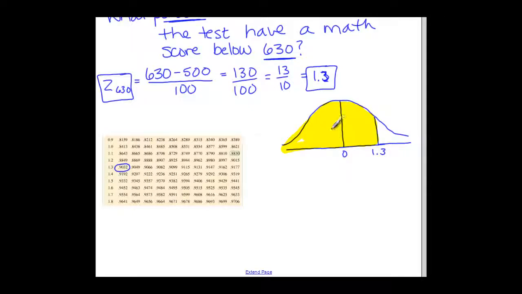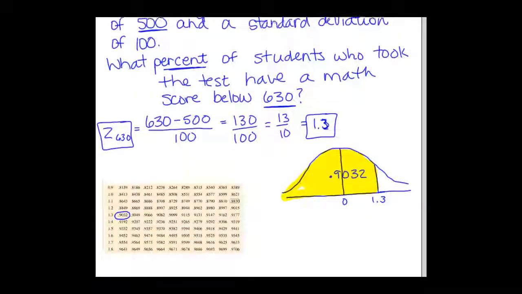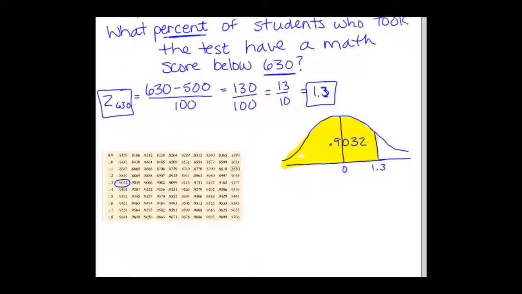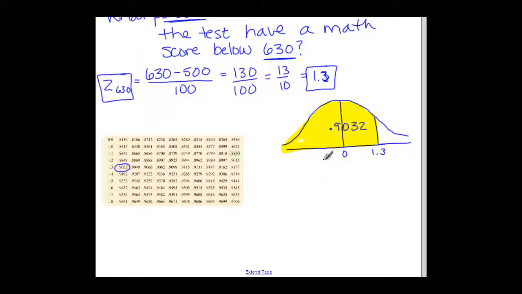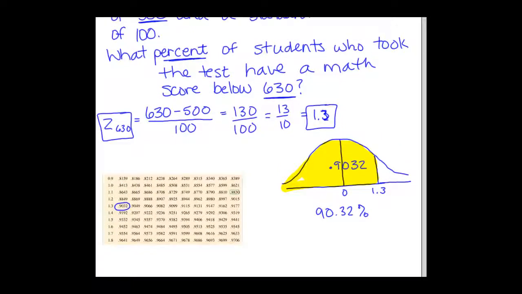So this area is 0.9032, and we've been asked specifically to give the percent of students who have a math score below 630. So as a percentage, we'd multiply by 100 and get 90.32%. So 90.32% of the students who took the test have a math score below 630.